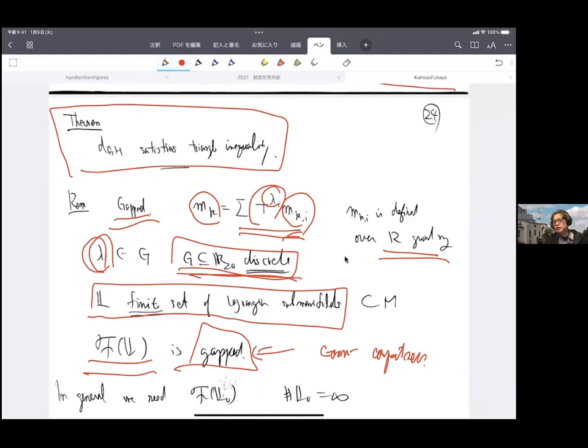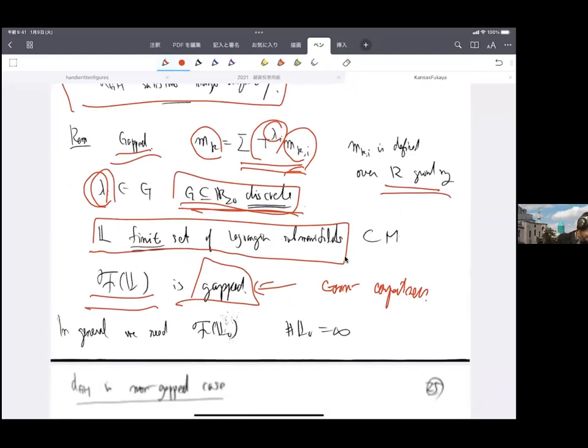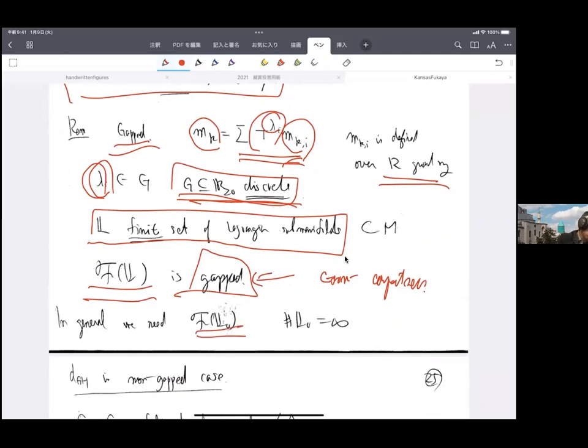If it is not gapped, it has very bad properties.